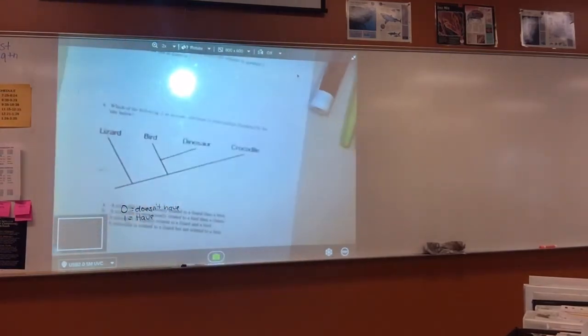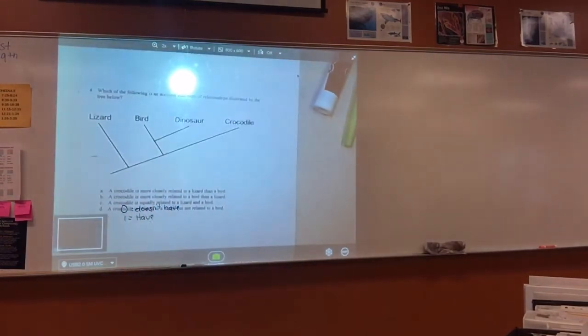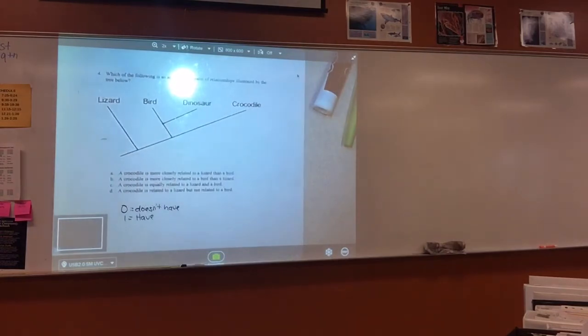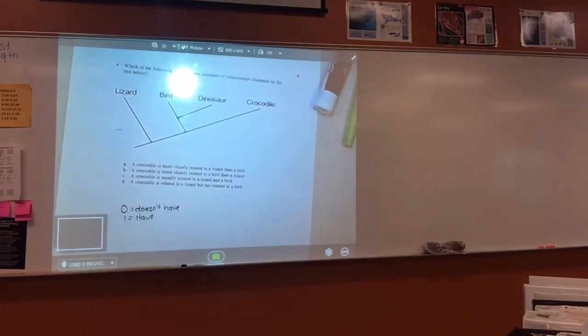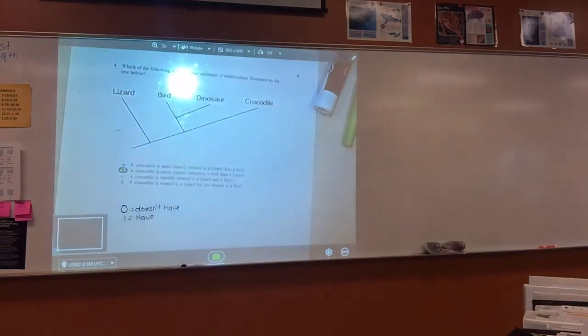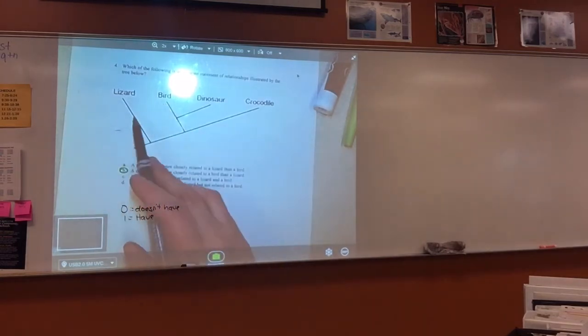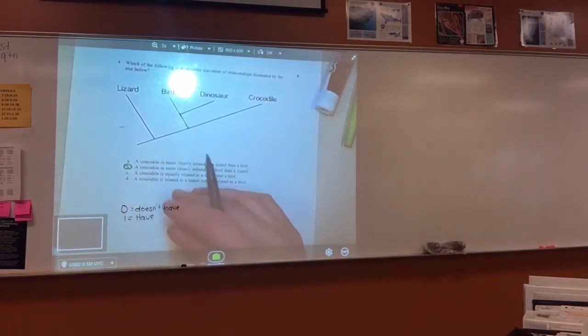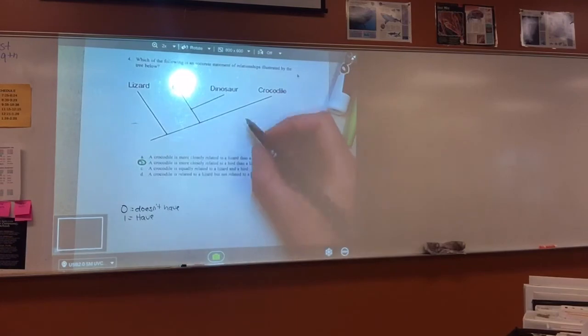And so I just went over that with number 3 here. Lastly, number 4 asks you which is true about this particular diagram, and B is true. The crocodile is more closely related to a bird than a lizard. Let me point out that this right here is called a cladogram.